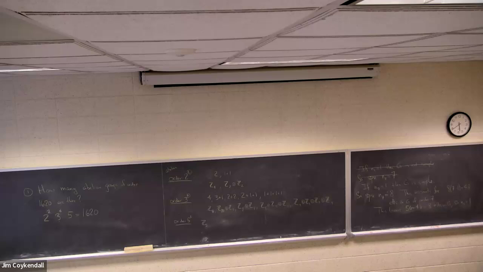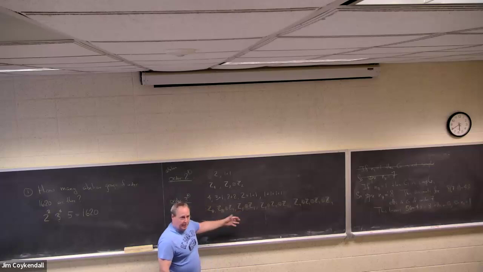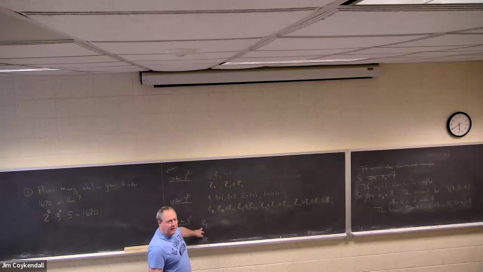Remember, to make a group of order 1620, I've got to stick these all together. Think of this list as the possibilities for the Sylow 2 group. It can look like this or this. This is the possibilities for the Sylow 3 group. It can look 5 different ways. So 10. That is correct, it is 10. You're making a choice every time. Pick one, and pick one, but you know what you're going to pick here.